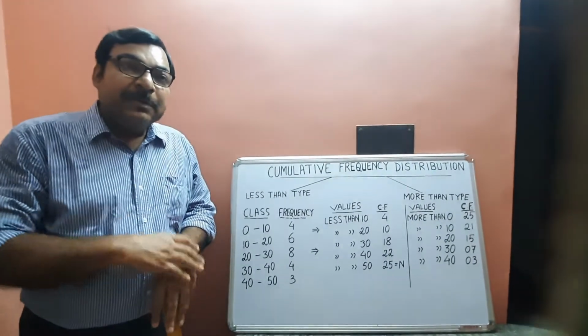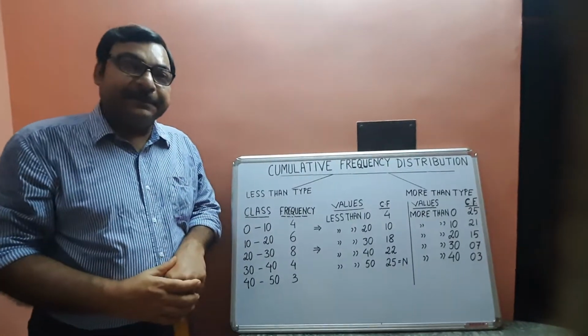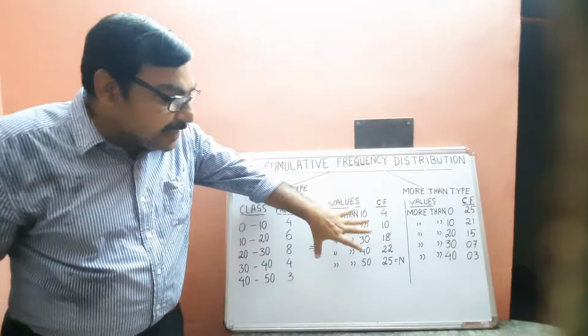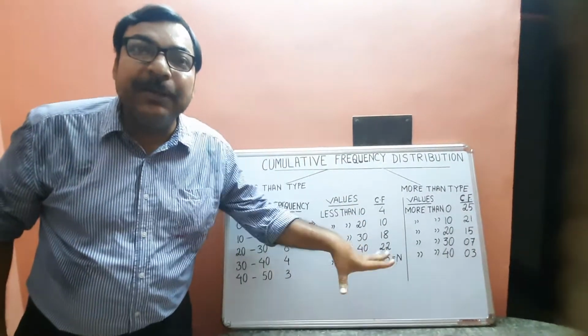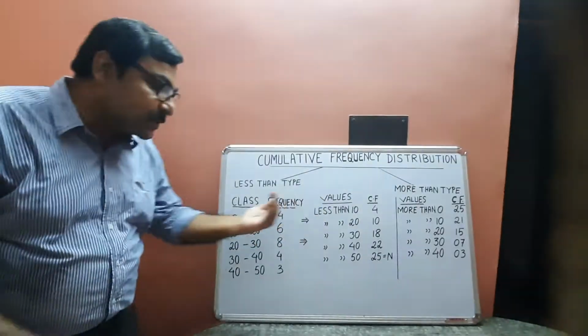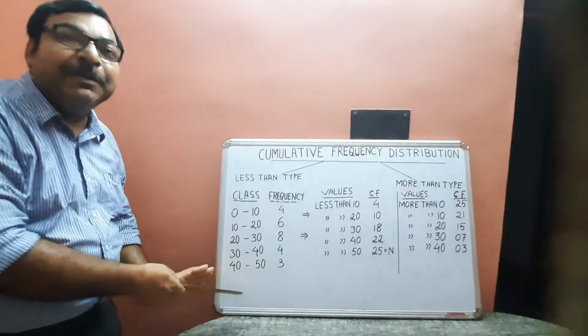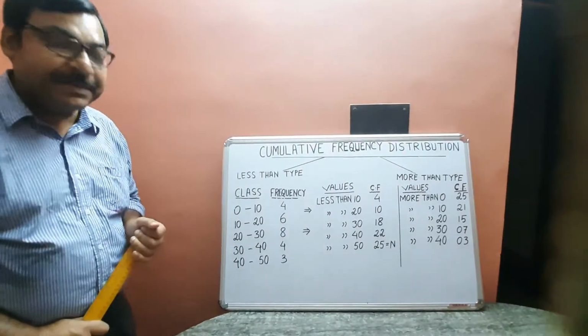Now, think from the opposite side. Suppose this less than type cumulative frequency is given to you and you are asked to form the simple frequency distribution, class and frequency.